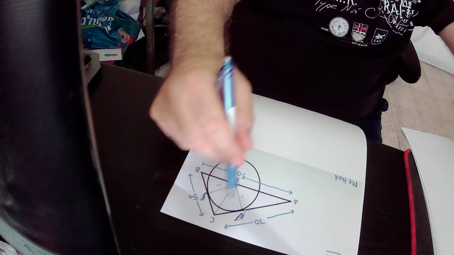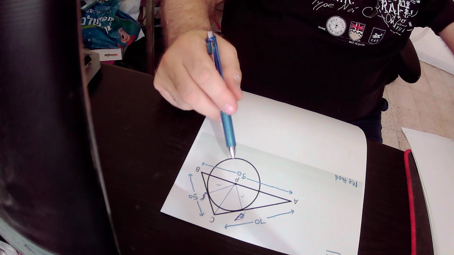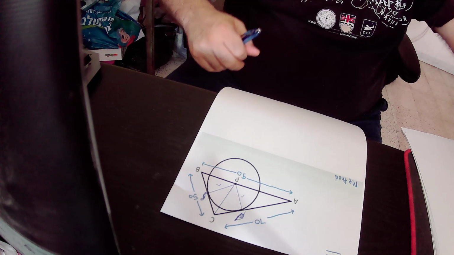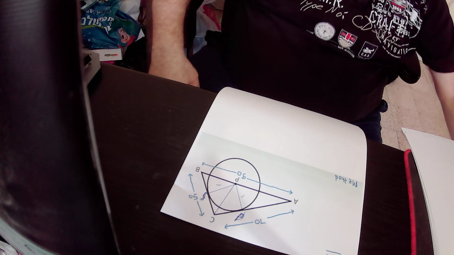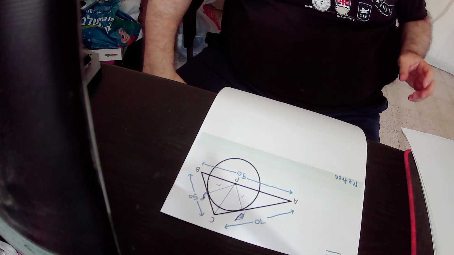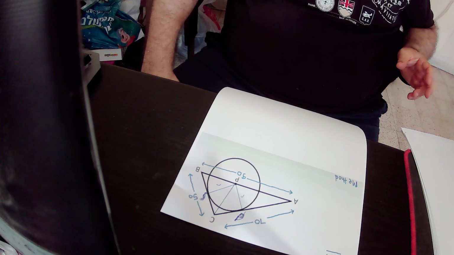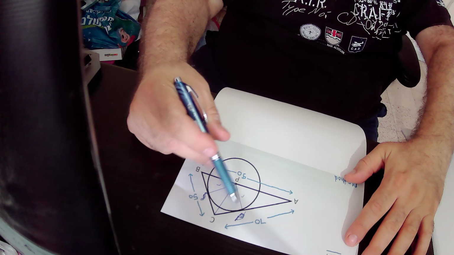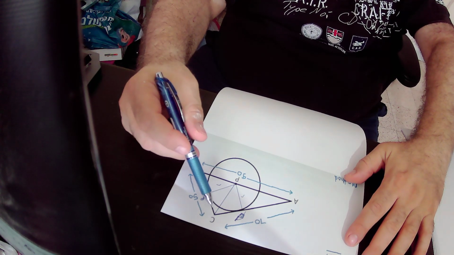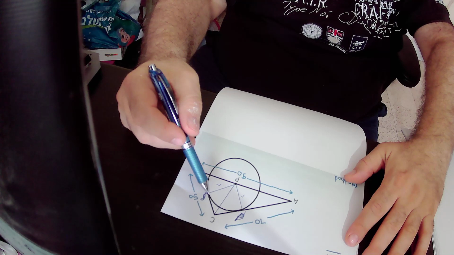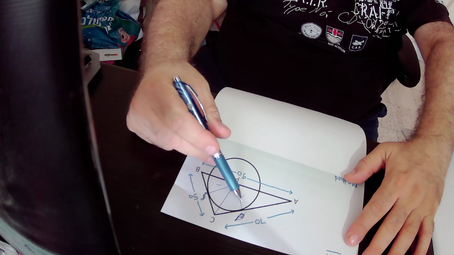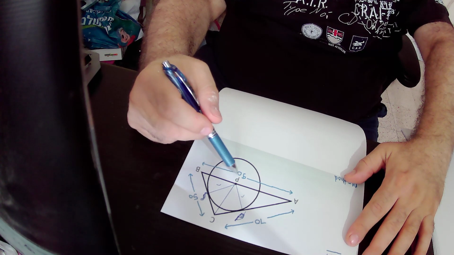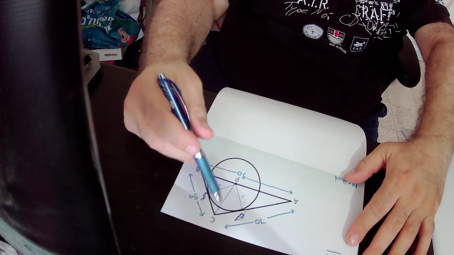As you can see in the picture, side DC in this triangle equals side CS in this triangle, side PD equals side PS, and side PC equals itself.